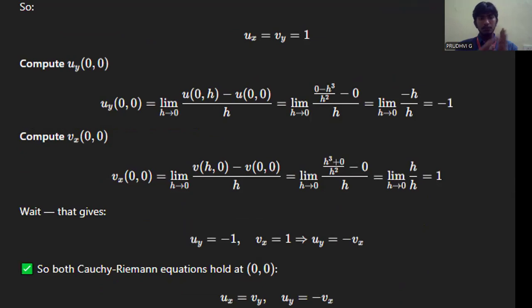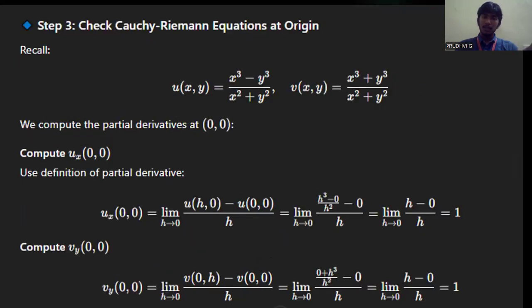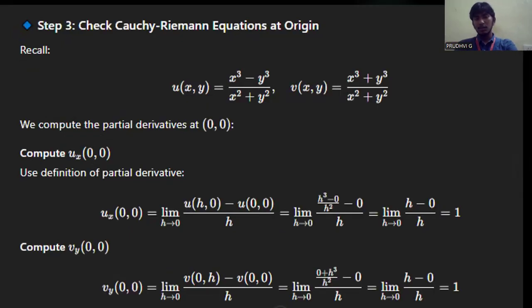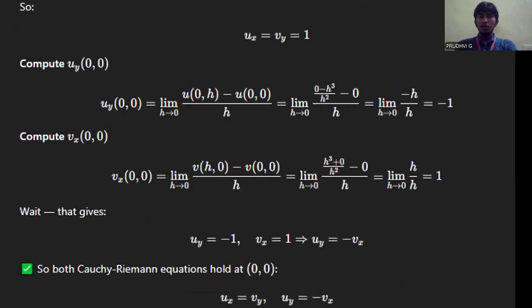Now, we have checked for x values and y values in the v. Now we'll be checking for y values and x values. The thing is, ux is checked here and vy is checked here. Now uy is checked here and vx is being checked here.